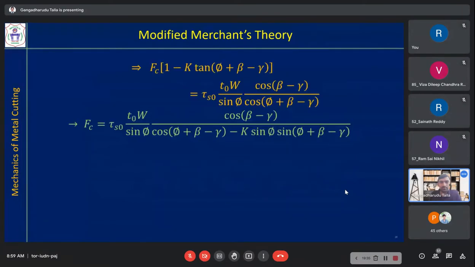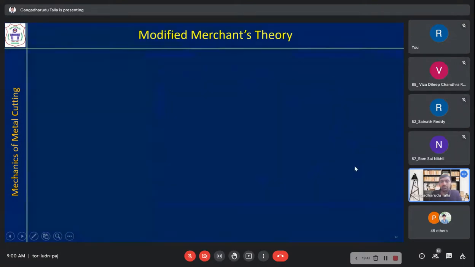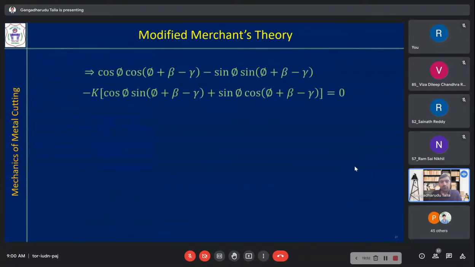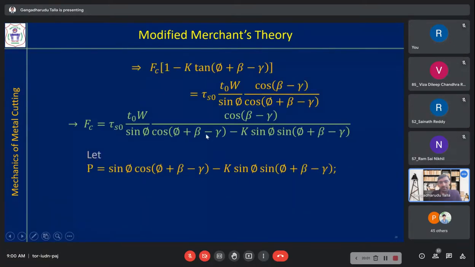Here it is sin A cos B minus K times sin A sin B. You differentiate those two terms with respect to phi, partial derivative. So cos phi cos(phi plus beta minus gamma): sin phi has become cos phi and the remaining thing is the same.